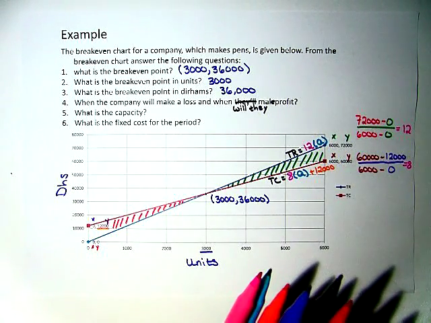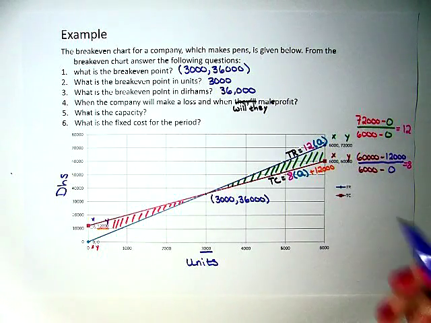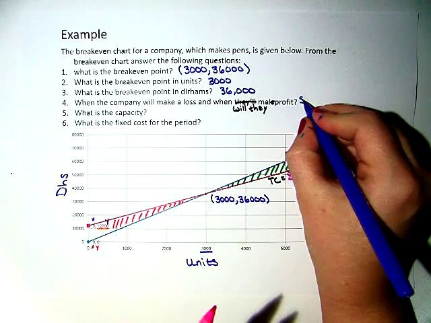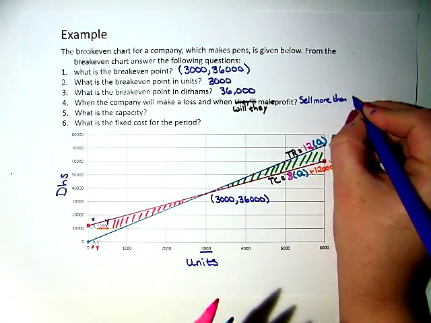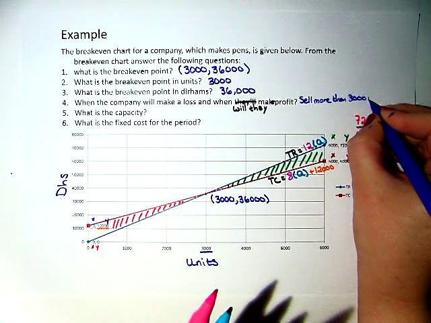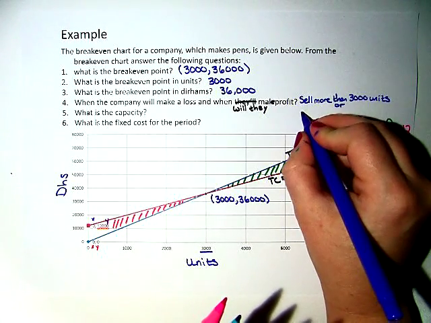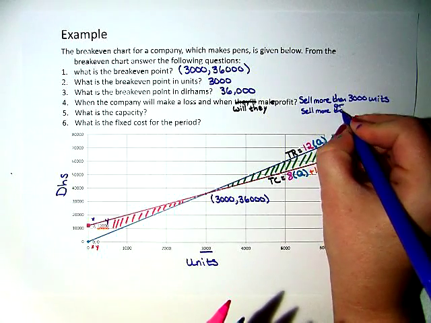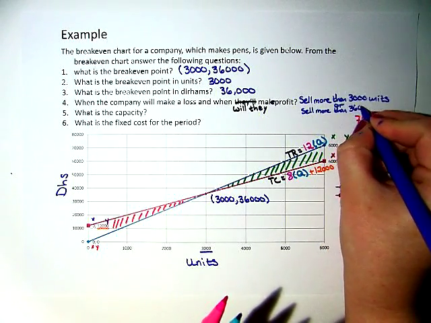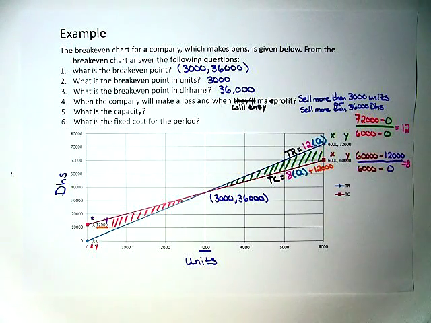So when will the company make a loss, and when will they make a profit? If they sell more than 3,000 units, or sell more than 36,000 dirhams.